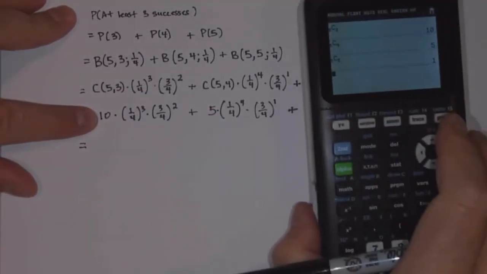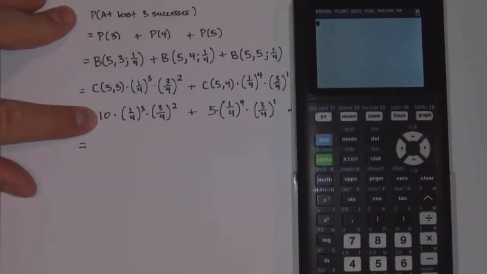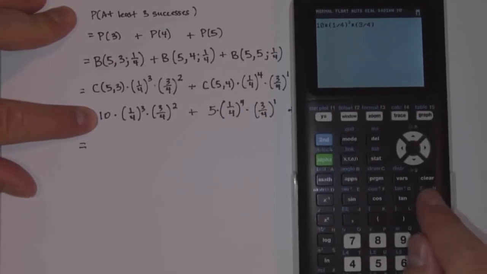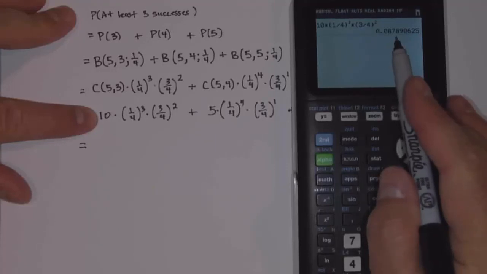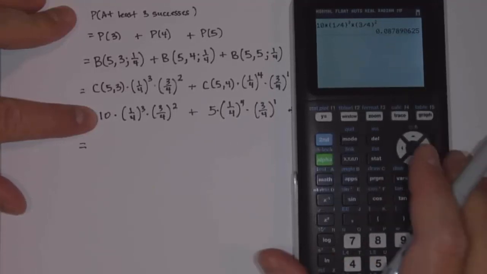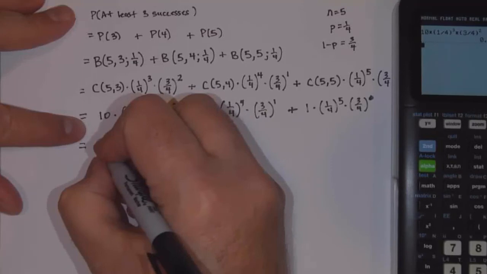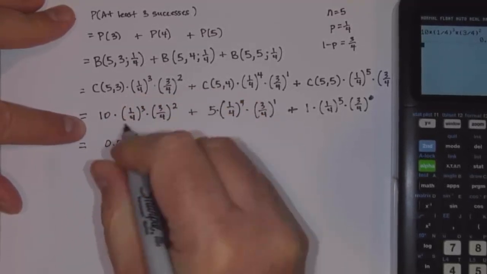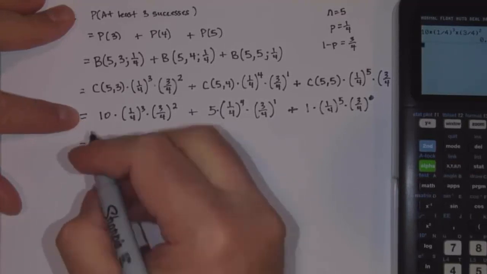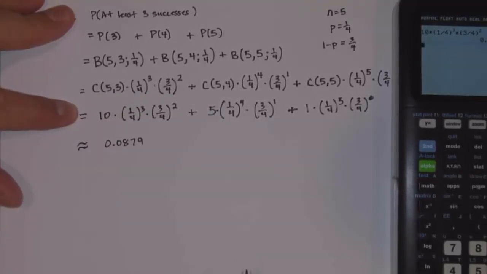So now I'm going to calculate each of these. Okay? So 10 times 1/4 raised to the 3rd power times 3/4 raised to the 2nd power. That is 0.0879 if I round that off to 4 places. So 0.0879 is approximately what that will be. Let's change that to approximately equals.